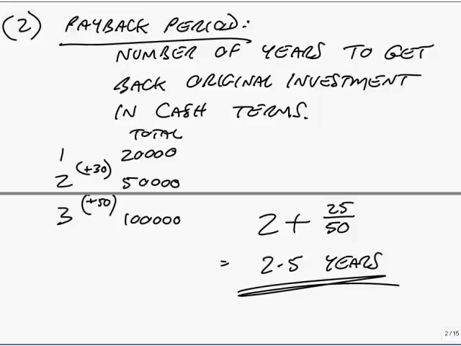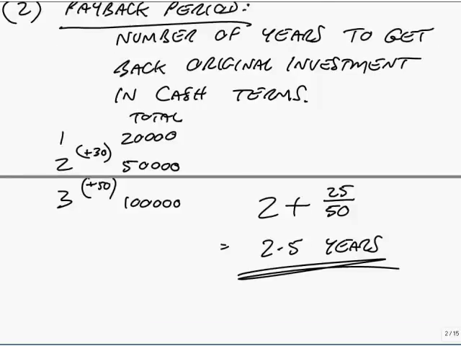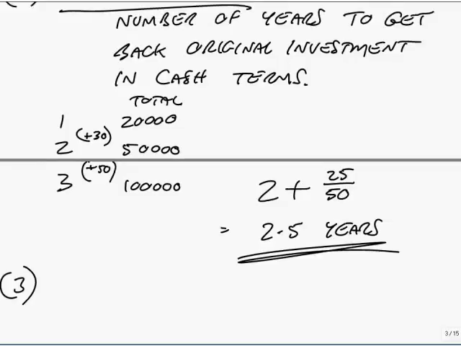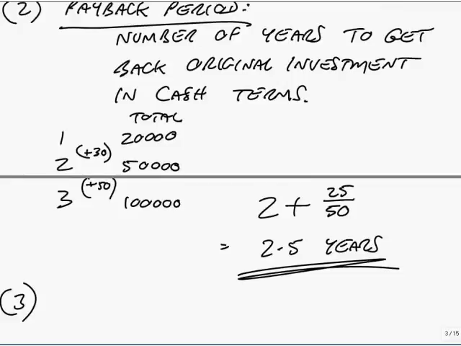As I just said, do be careful, because he can ask either or both of payback period and discounted payback period. And obviously, be careful, don't give the right answer to the wrong one, if you understand me. The only problem with payback period is, of course, we have ignored the interest.